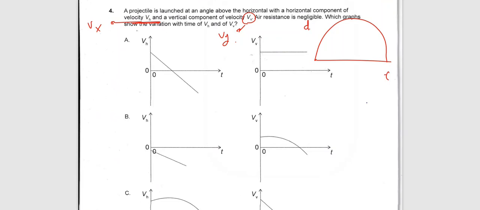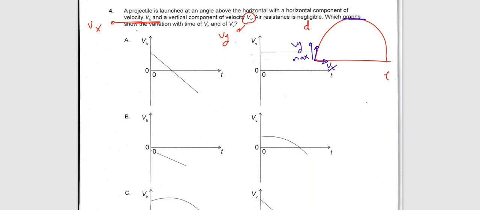Now, this is the velocity. Velocity is tangent to the curve. The horizontal velocity V in the X direction doesn't change. It's always the same value. While in the vertical direction, we start with maximum velocity, and then the velocity will decrease till it reaches 0 here.